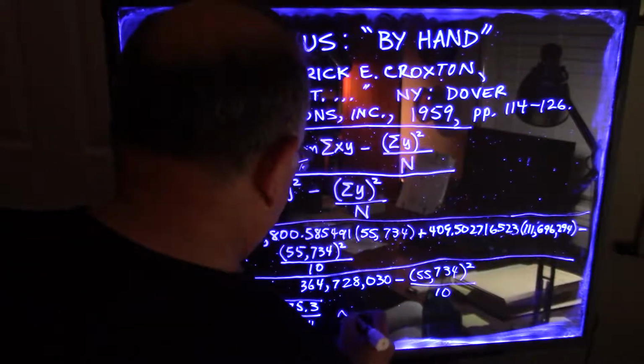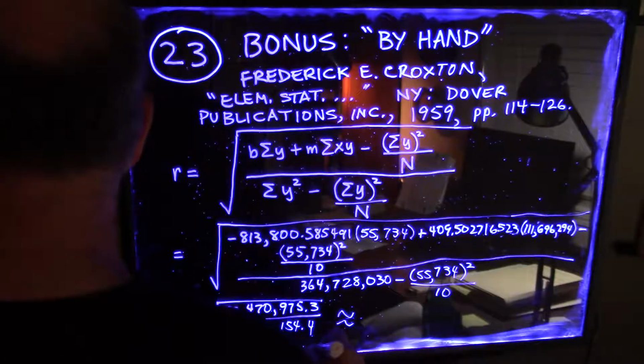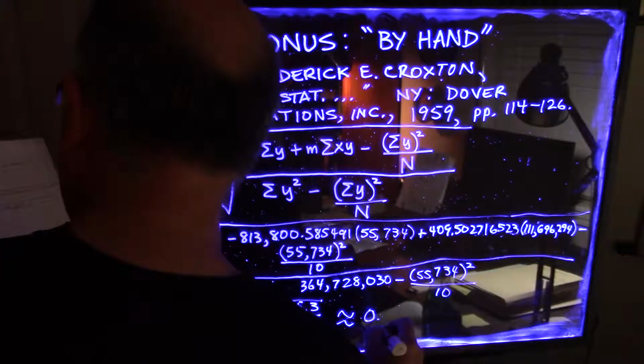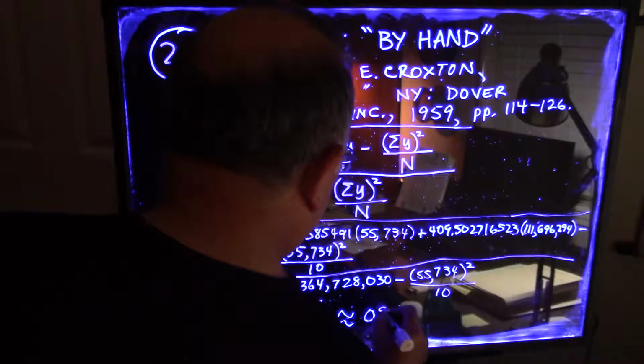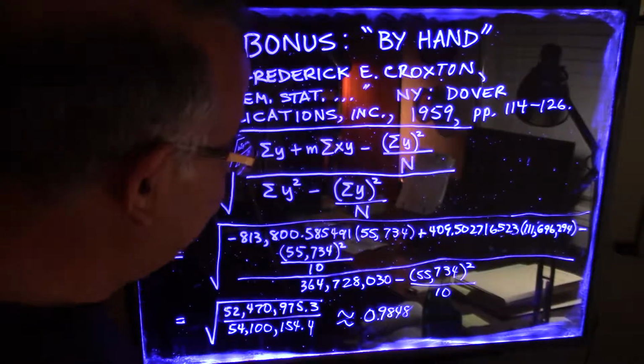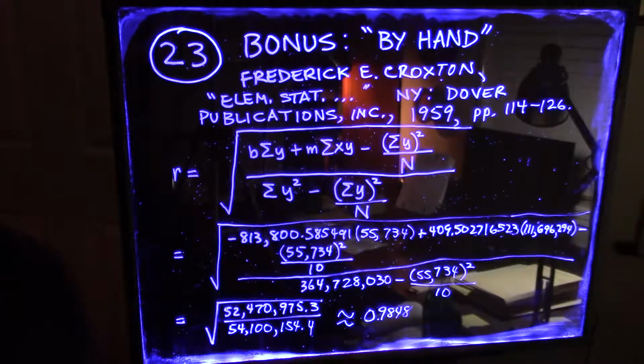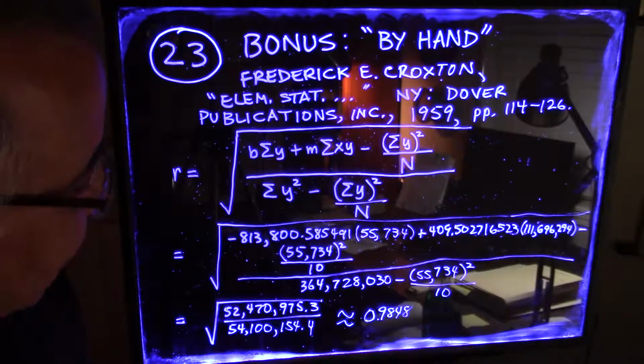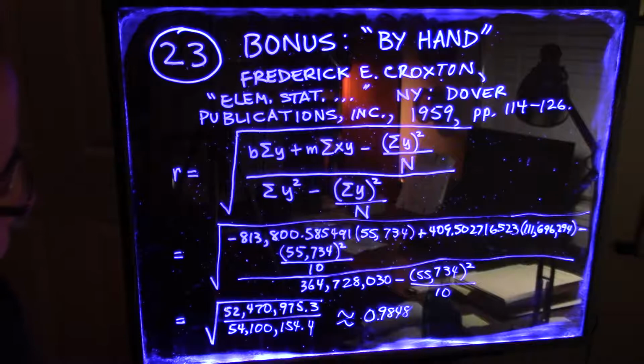I'm going to round the answer to 4 decimal places like I did before, so you get 0.9848. That's exactly what we came up with before when we did the problem using technology. So that's our correlation coefficient.